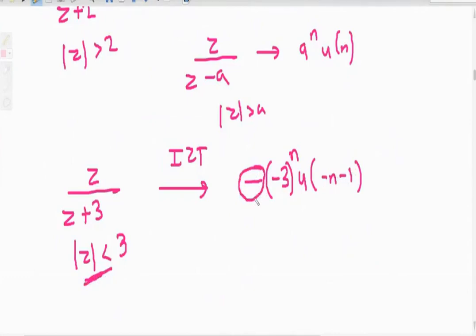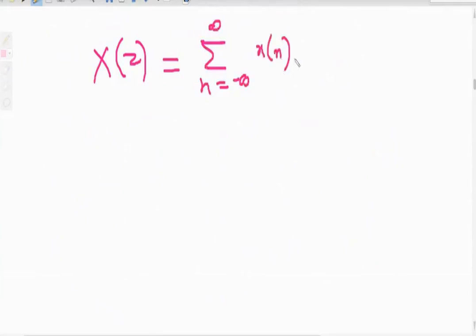Now just look at the definition of the Z transform. According to the definition, x of z equals summation n equal to minus infinity to infinity x of n z raised to minus n. Now expand this summation by putting values of n.